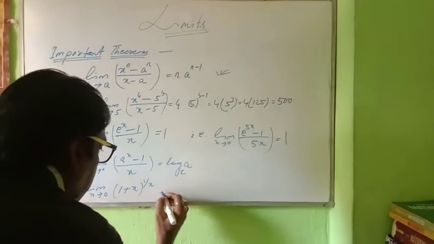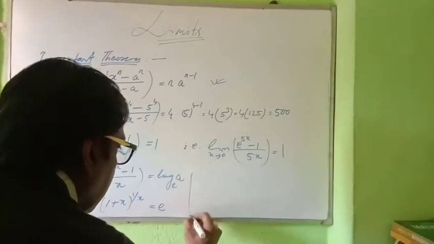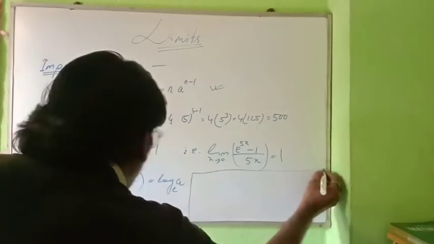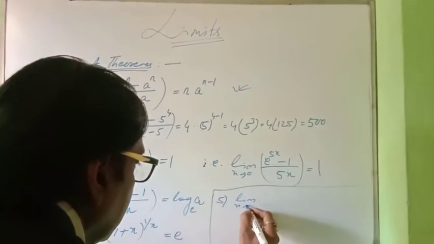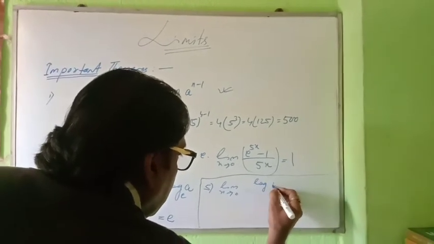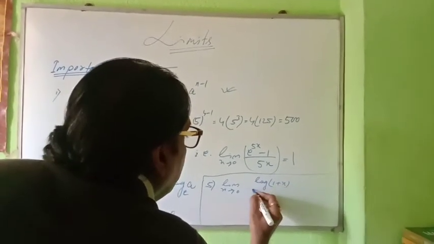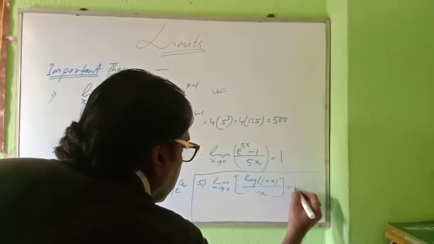Then this answer is only e, where e means the exponential function. Number 5. Limit x tends to 0, log of 1 plus x, divided by x. The answer will be 1.